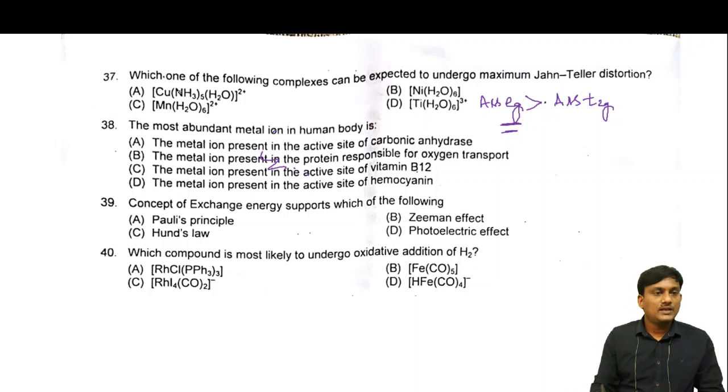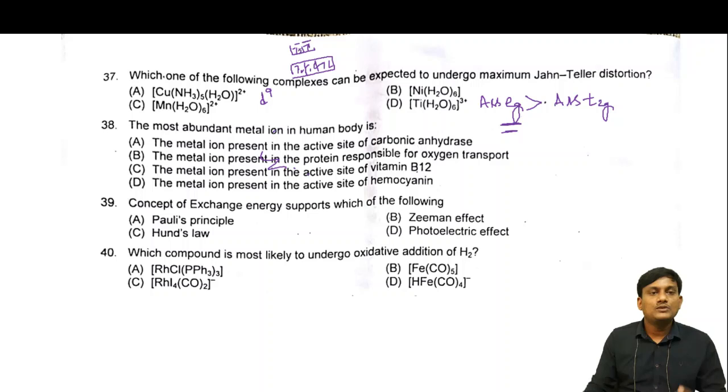Suppose you take Cu(NH3)2(H2O)2 2 plus, it's a d9 electronic configuration. So in d9, which one is asymmetric? This is the d9 electronic configuration. Here 2, 2, 2 and 2, and this is the 1. So here t2g is a symmetric electronic configuration, eg is an asymmetric electronic configuration.